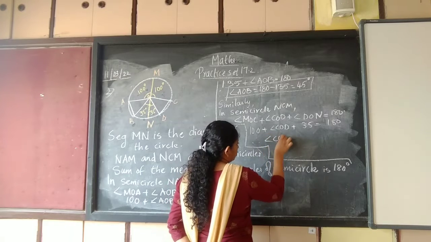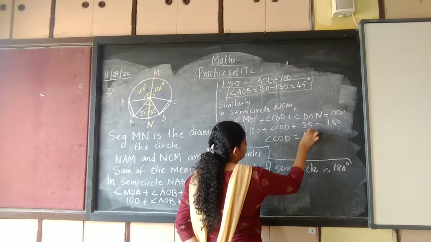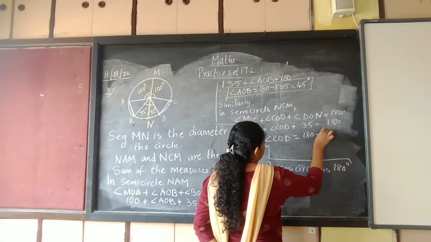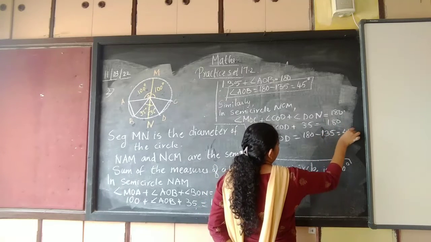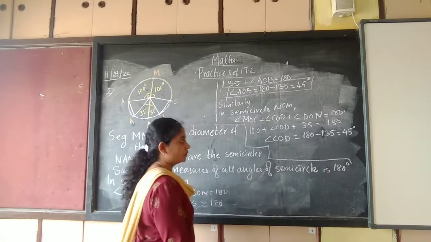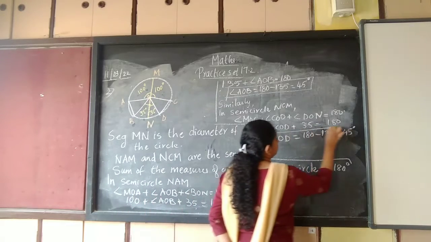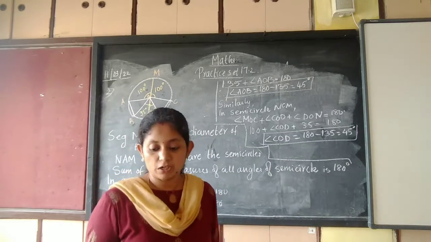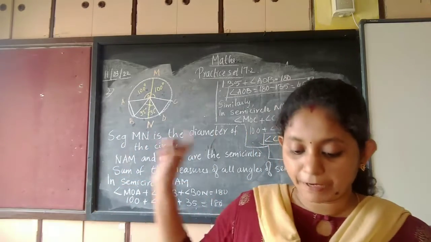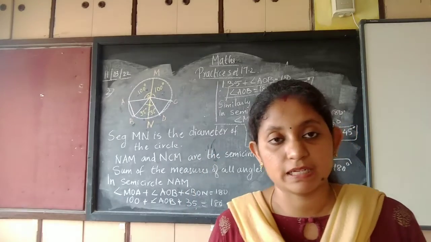Therefore, angle COD is equal to 180 minus 135, which is 45 degrees. Okay. So this is the solution for question number 1 under main question 2. So we have found out angle AOB and angle COD.